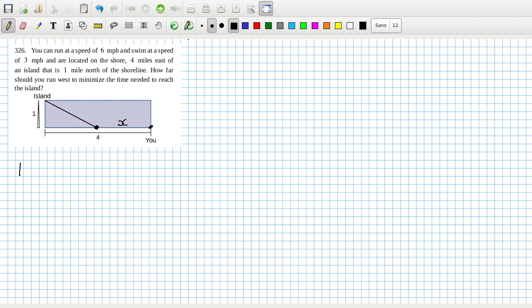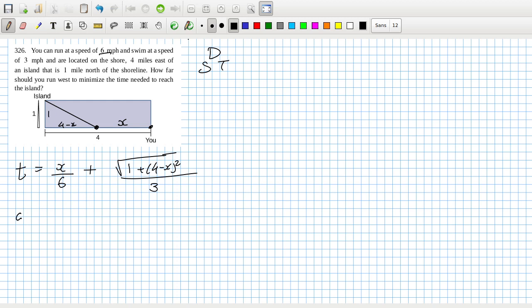So the journey time, well, remember we have distance, speed, time, so that would be distance x over speed, which is 6, plus distance, which is root of 1 plus (4 minus x) squared, over the swimming speed, which is 3. That's 4 minus x, and that's 1.